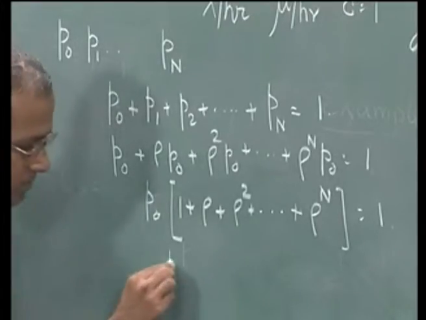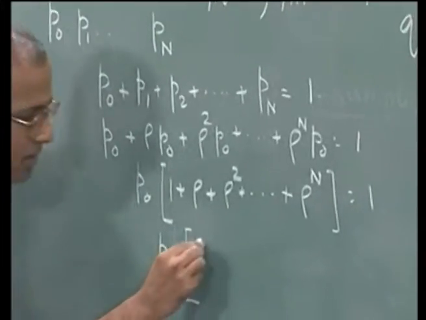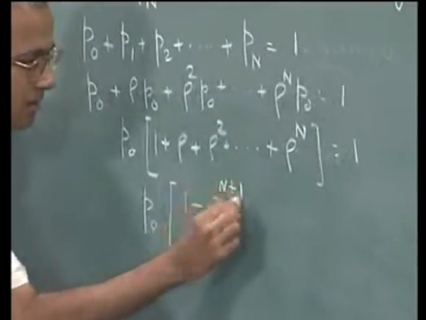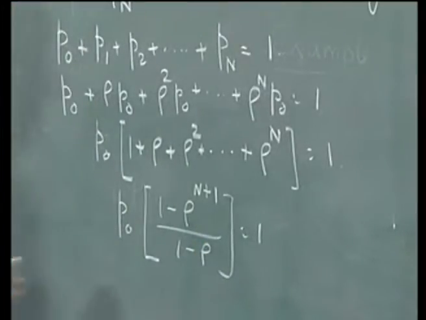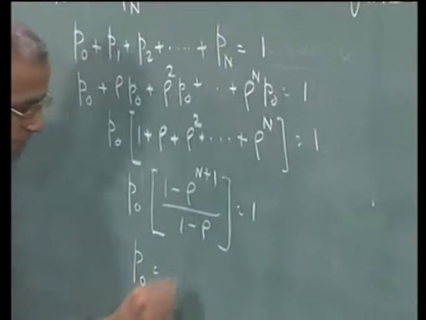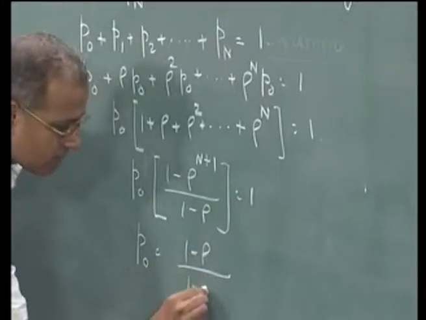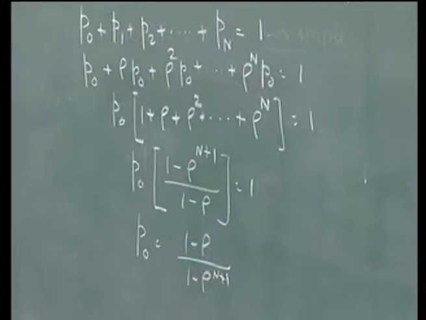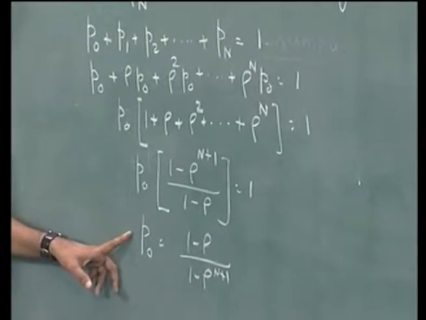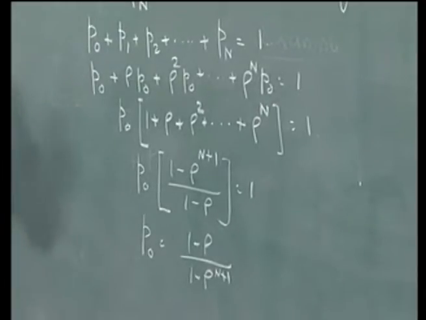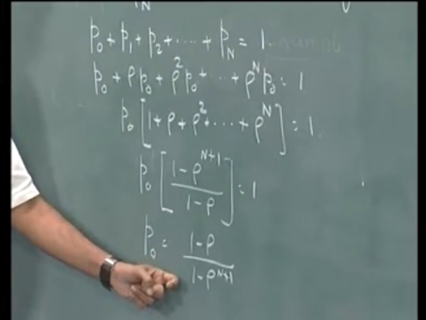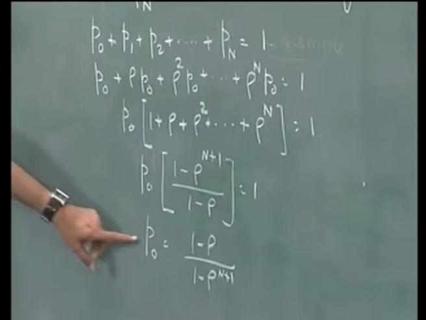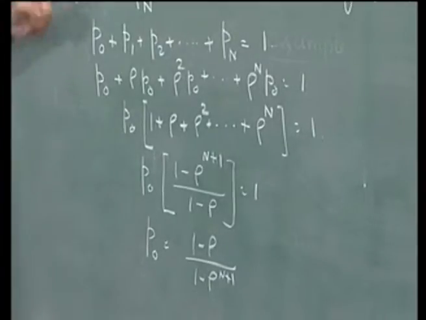So, P naught into the summation of this will be 1 minus rho to the power n plus 1 by 1 minus rho is equal to 1, from which P naught is equal to 1 minus rho by 1 minus rho to the power n plus 1. So, the expression for P naught changes. Earlier it was only 1 minus rho, now it is 1 minus rho divided by 1 minus rho to the power n plus 1.